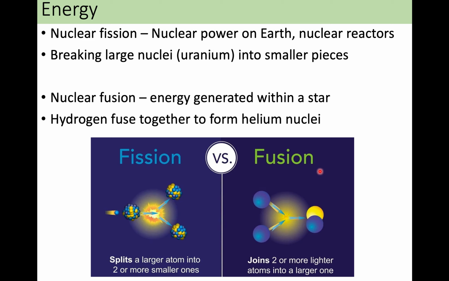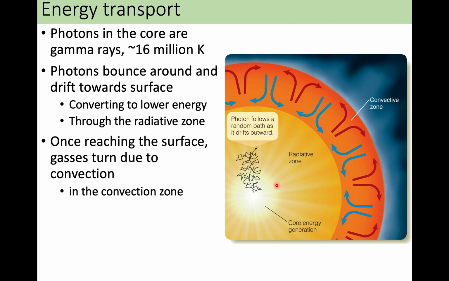So we've not been able to create nuclear fusion on Earth. On Earth, all of our nuclear energy is in the form of nuclear fission. So there is a difference. We do not have the same type of energy creation that's happening within a star here on Earth yet. It is definitely an active area of research.